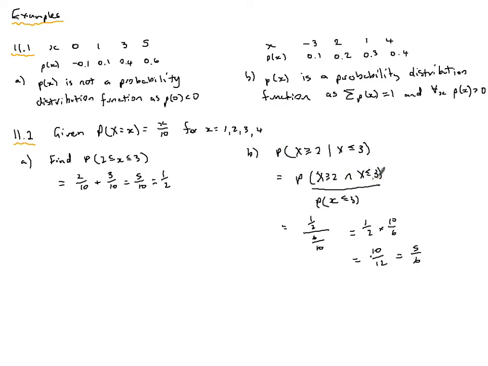And we ignore this case because we know that it doesn't intersect with that bound. And then divide by this probability, so the probability of these three, so 1 over 10 plus 2 over 10 plus 3 over 10, which is 6 over 10. And we find out that the probability of this is 5 over 6. This has absolutely no context, so it's a little bit harder to understand. You just follow your probability rules and the answers come out.